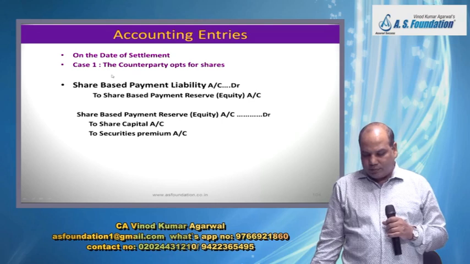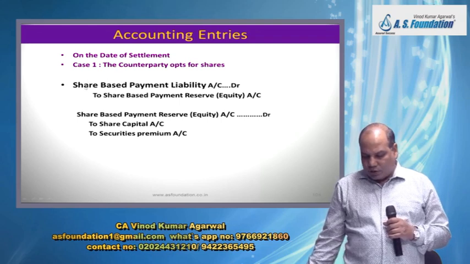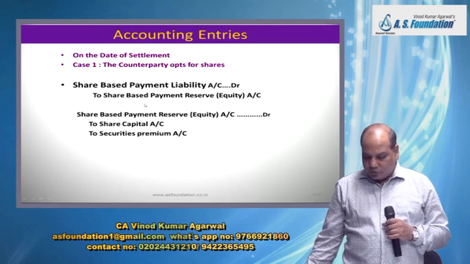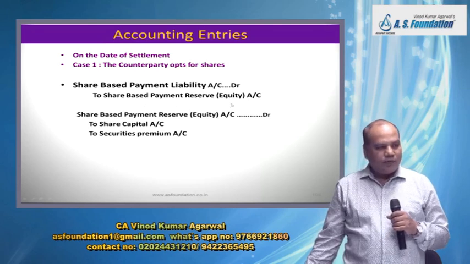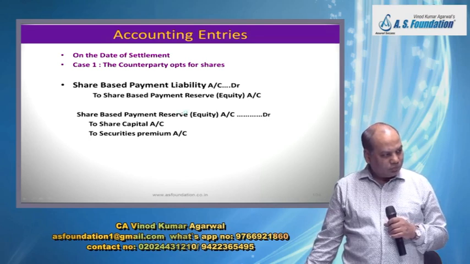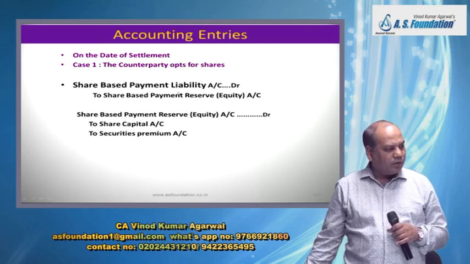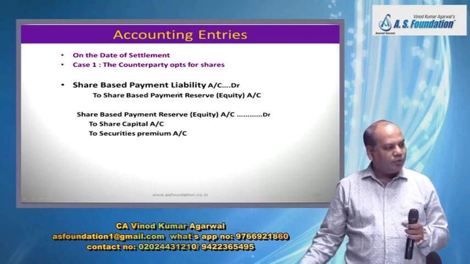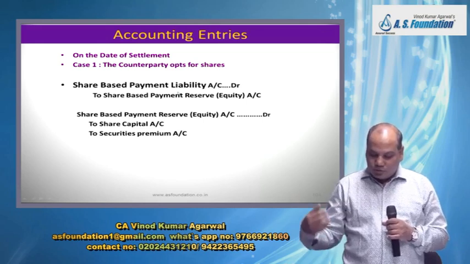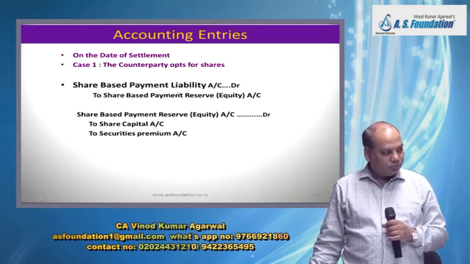Under that write, first you pass the entry share based payment liability account debit to share based payment reserve equity account. First you have to do the fair valuation of liability. Up to that date you have to value it like a liability only, and then it will become part of reserve.